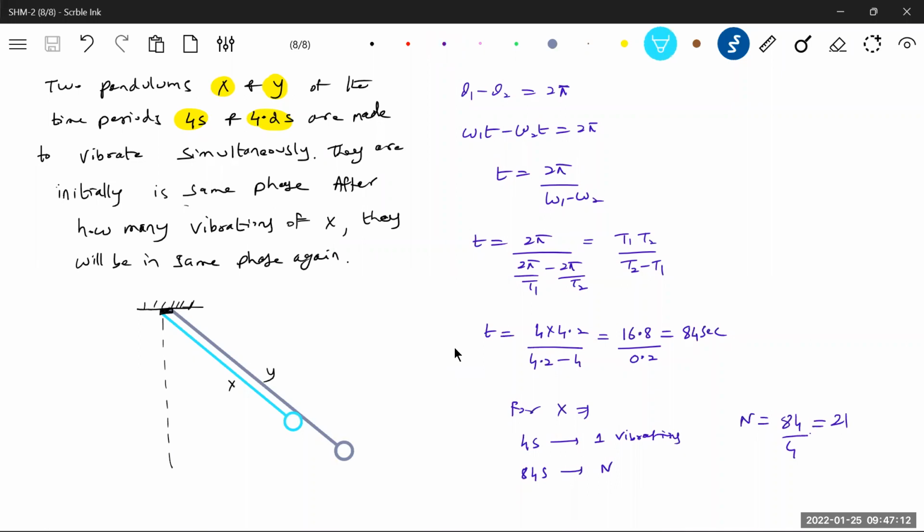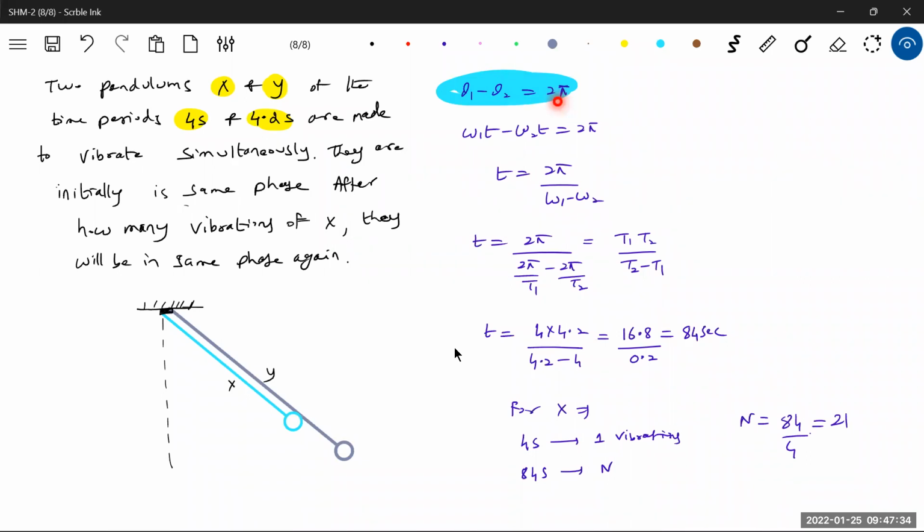Why should we think in this way? See, initially, what was the phase? Zero. After some time, the phase angle should become 2 pi, no? So why can't you write 4 pi? Yes, we can write 4 pi, we can write 6 pi. But what was the question?